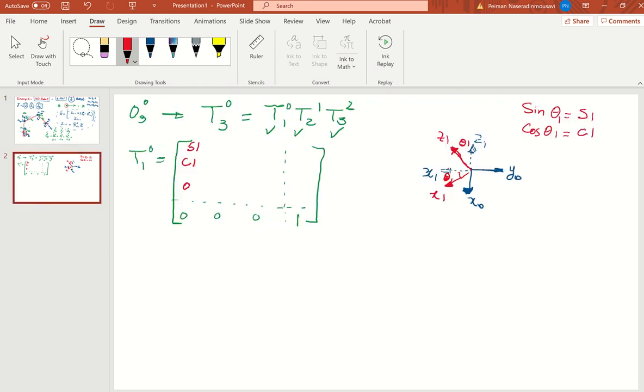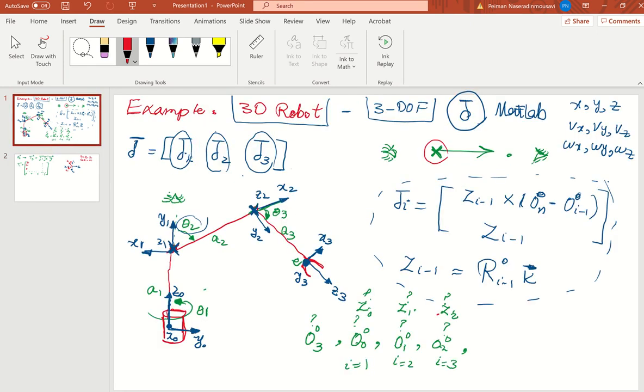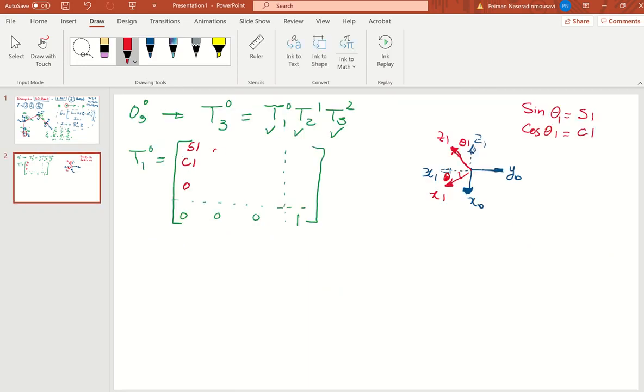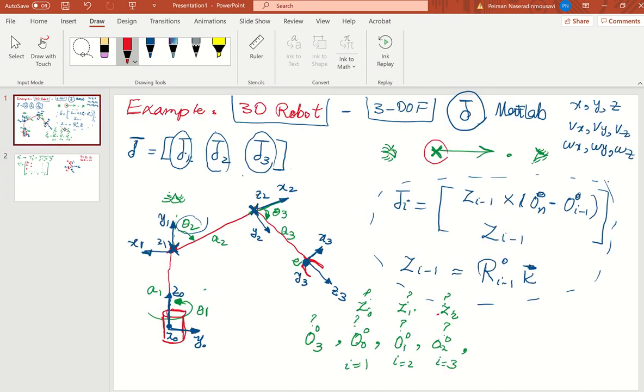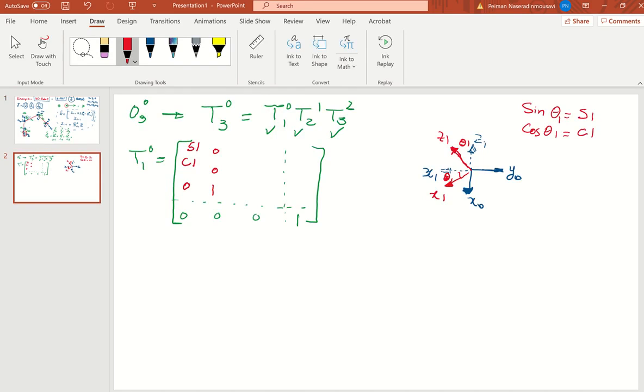Now the y. Y1 is normal to x naught and y naught, obviously, so it's going to be 0, 0. But y1 is parallel to z naught, so it's going to be 1. Clear? Now z1.